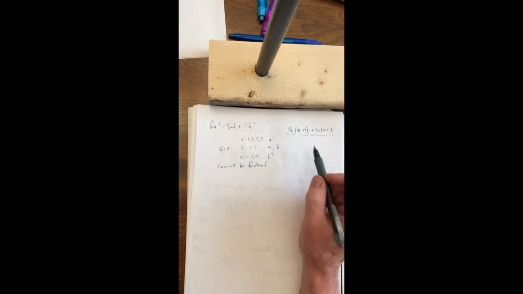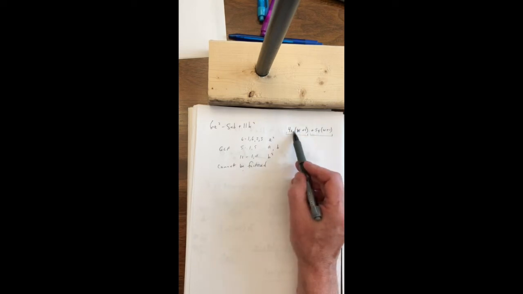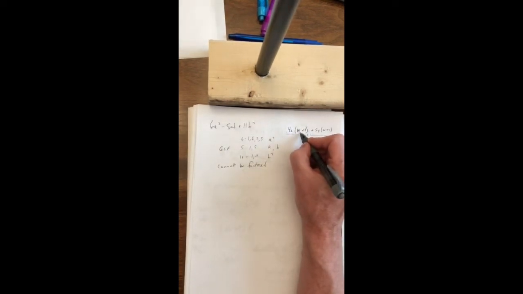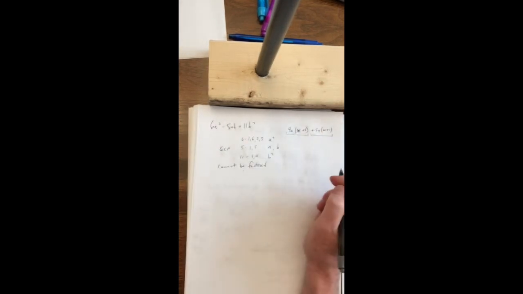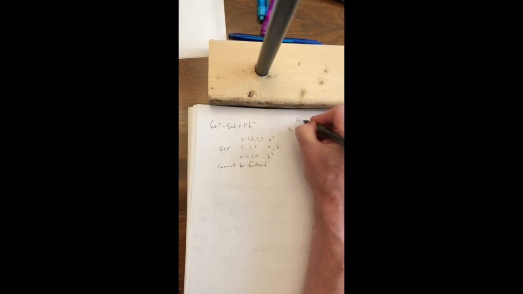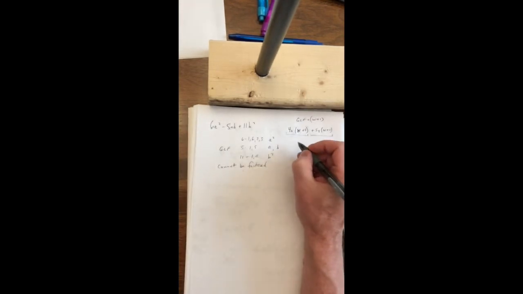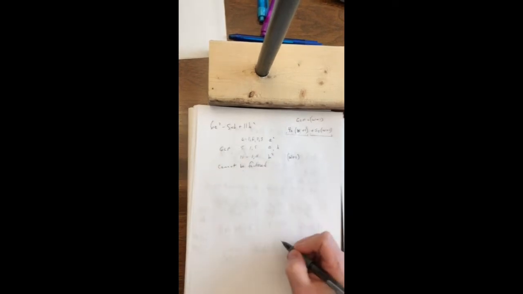Now, in order to factor this out, we don't have to expand this and do the distributive property. In this case, w plus 1 is common to both these terms. So I'm going to write it up here, our GCF is w plus 1. So w plus 1 is one of our factors.